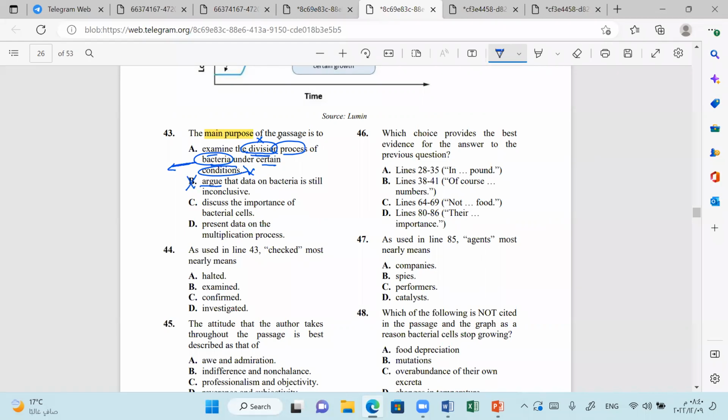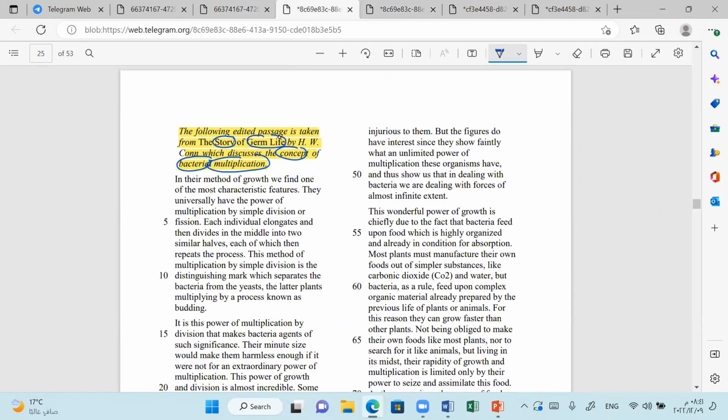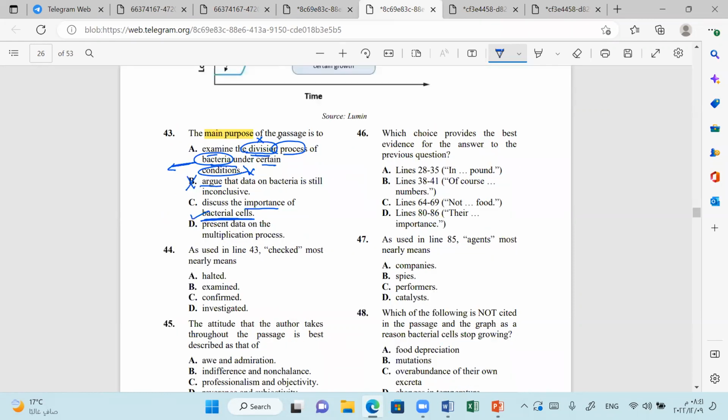It's either discuss, describe, present, anything that can inform, but not argue. Argue has a special type of passages, the argumentative passages, like history ones and so on. Discuss the importance of bacterial cells. Okay, it can be bacterial multiplication, of course, multiplication of the cells, but I'm not sure.